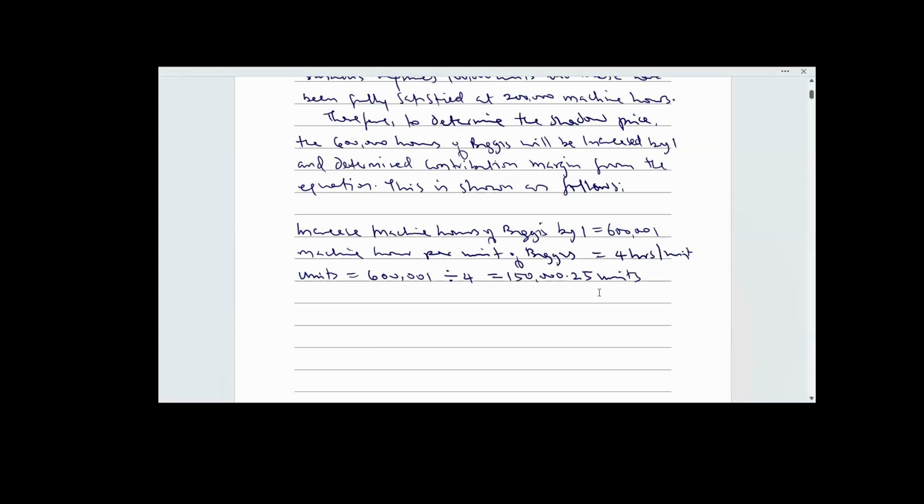So this is what we are going to produce now. With these 150,000.25 units, I need to calculate my new contribution margin.